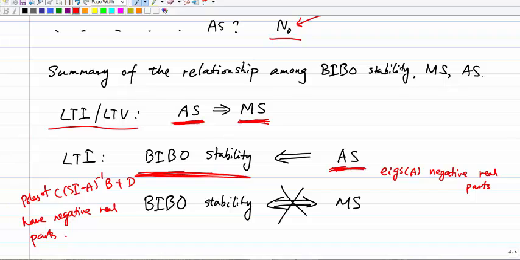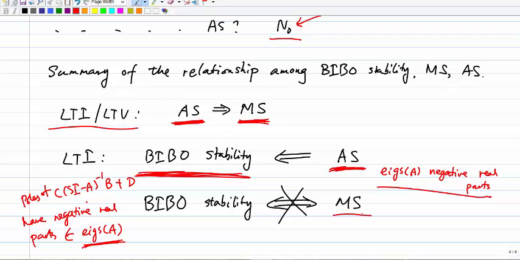The problem is the poles, we also showed, of this guy must come from the eigenvalues of A. It may not be exactly the same. It may not cover all eigenvalues, but it comes from the eigenvalues of A. If all eigenvalues of A have negative real parts, of course, these poles coming from the eigenvalues must have negative real parts. That's why asymptotic stability also implies the BIBO stability.